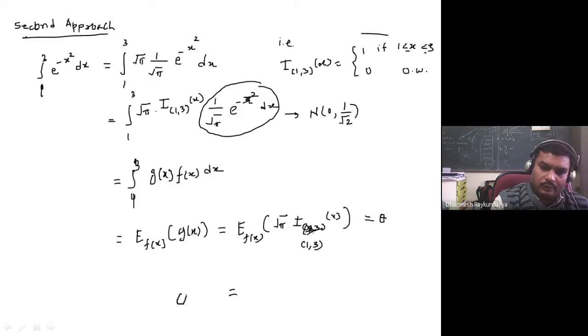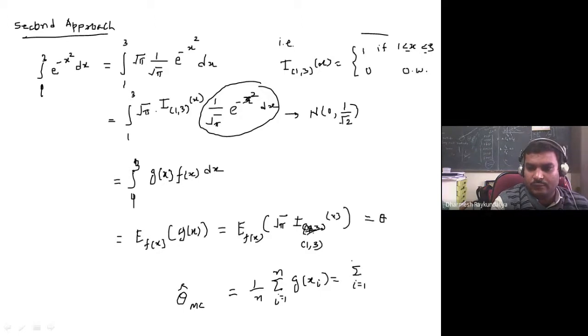So theta hat Monte Carlo is nothing but 1 upon n summation i running from 1 to n of g(x_i). That means summation i running from 1 to n, root pi is outside, divided by n. You take the value 1 if x_i lies between 1 to 3, otherwise it is 0.